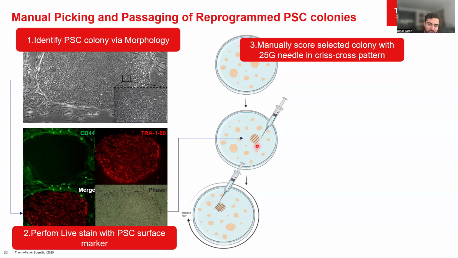Then we take this needle or pipette and make horizontal lines across that particular colony that we want to manually passage, right? We then rotate the plate 90 degrees and make those same little scores or cuts so that we have this grid pattern, cutting our colony basically into these tiny squares.